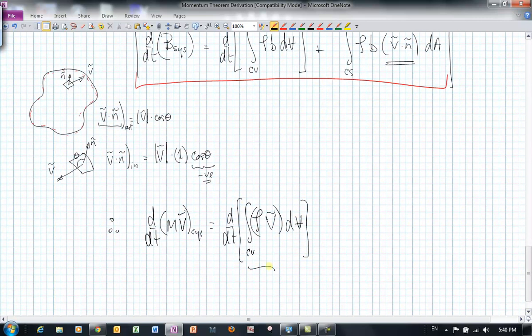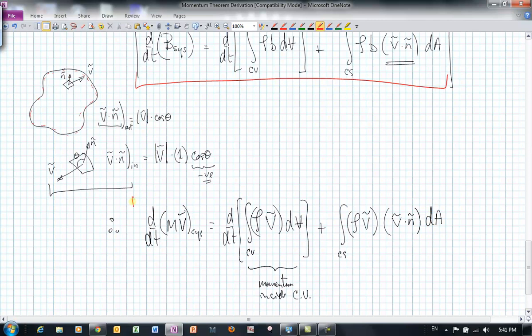This integral represents the momentum inside the CV, which of course is a vector, plus the integral over the entire control surface, which represents the flux of momentum in the control volume: rho V, a vector again, times V dot n, a scalar, times dA.